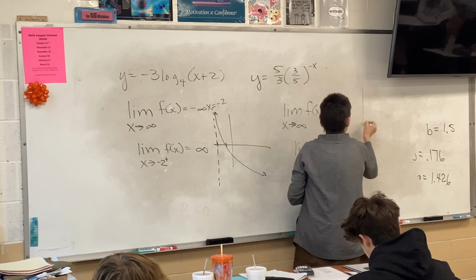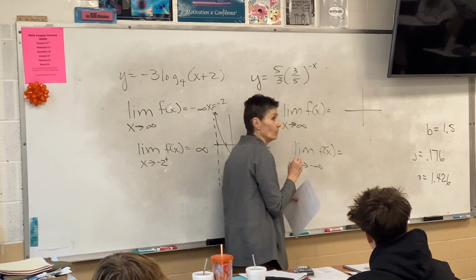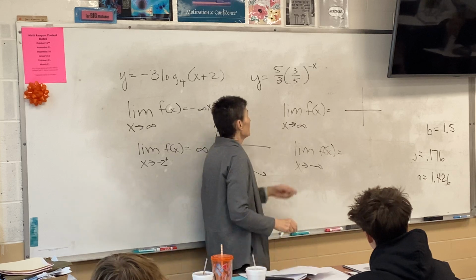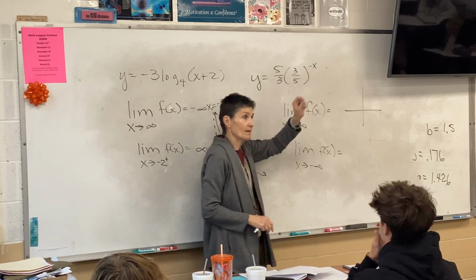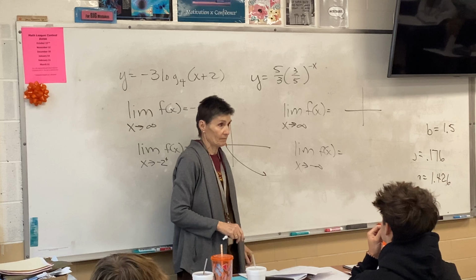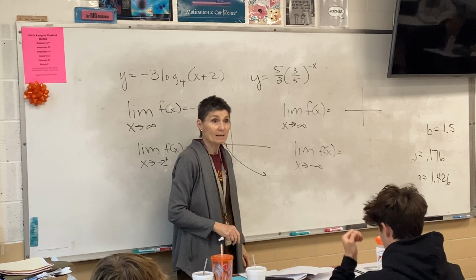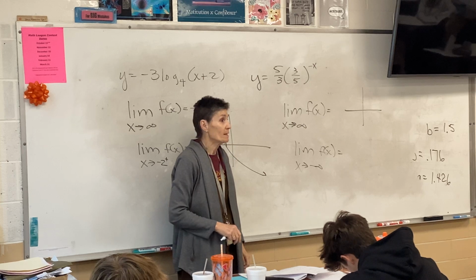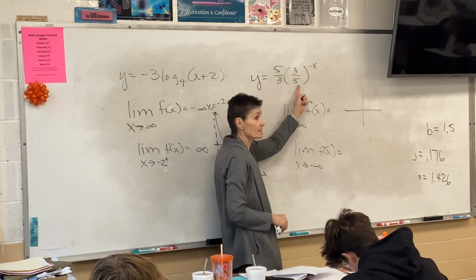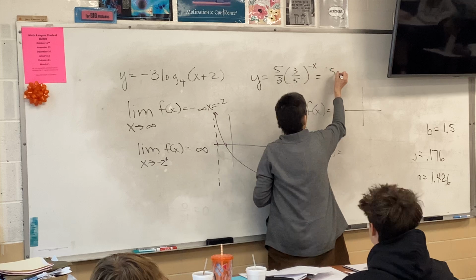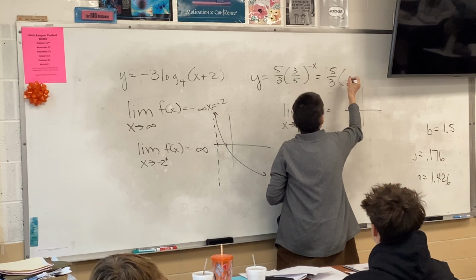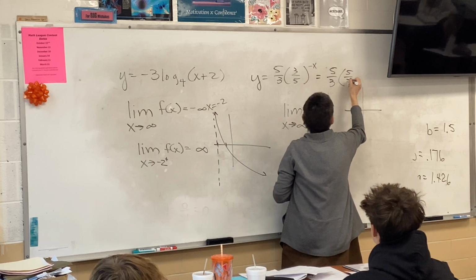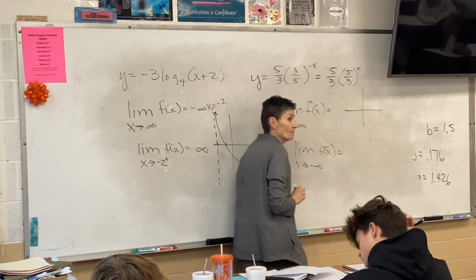Well, be careful. That exponent is negative, and I do not want it to be negative. So I can make it positive by doing what? Flipping the base. So isn't this the same as 5/3 times 5/3 to the x?